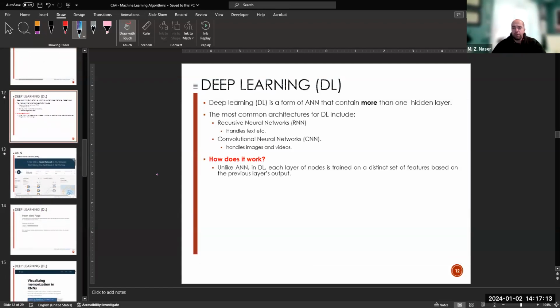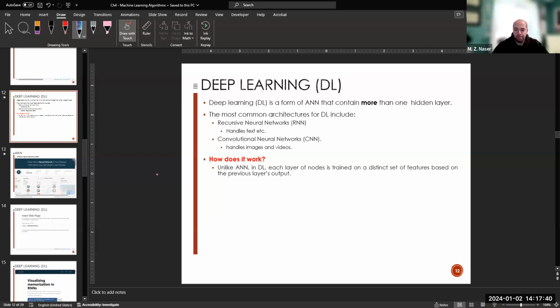So as we said before, deep learning is a form of an artificial neural network, and there are a lot of different types of deep learning algorithms. One of the things that you might hear a lot are RNNs and CNNs, so recurrent neural networks or convolutional neural networks. Usually they deal with images or text. If you think of ChatGPT, for instance, a lot of language going on there.